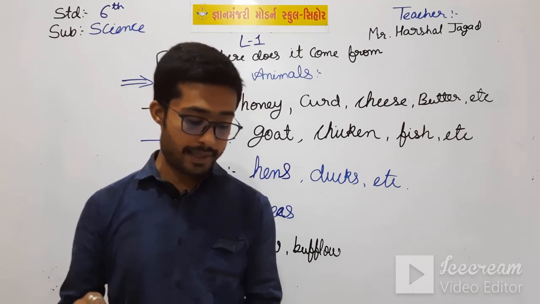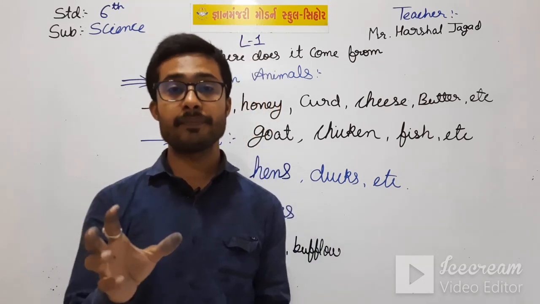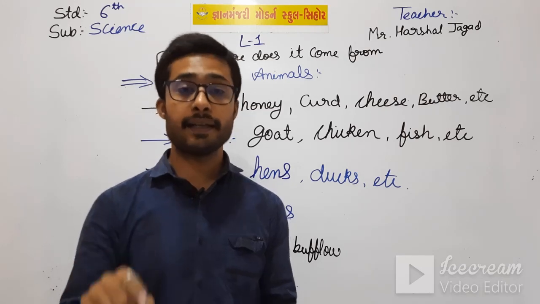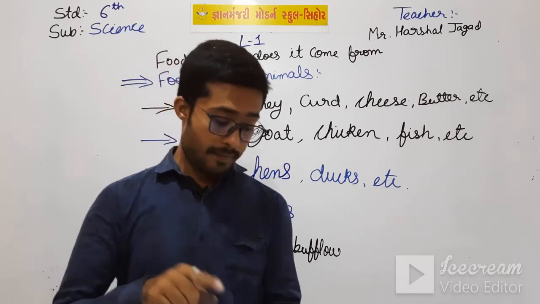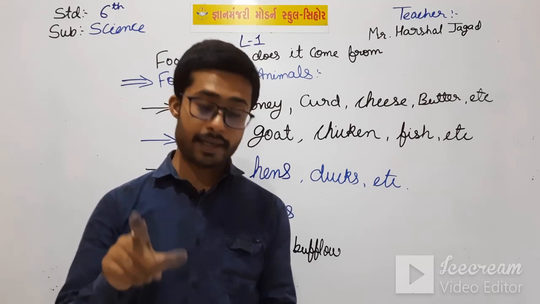Ghee is made by heating butter. First of all, cream is formed, by crushing that butter is formed, but when the butter is heated, the ghee is formed.